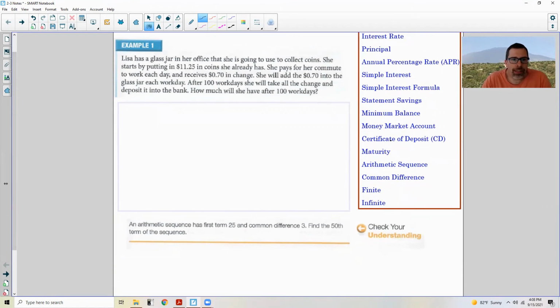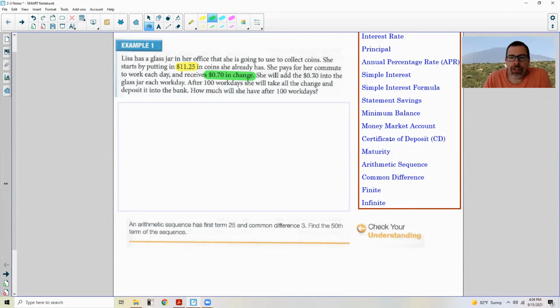Example 1. Lisa has a glass jar in her office that she's going to use to collect coins. She starts by putting $11.25 in coins she already has. So she's starting off with $11.25. She pays for her commute to work each day and gets 70 cents in change, so her commute is $1.30 or $2.30 or $3.30, something with 30 cents in it, because she's getting 70 cents back in change when she pays for her commute at a toll booth somewhere.